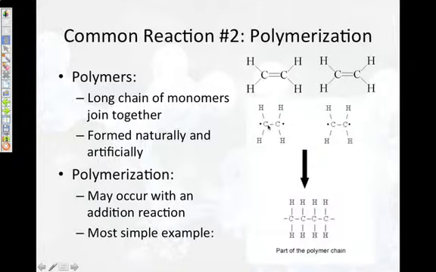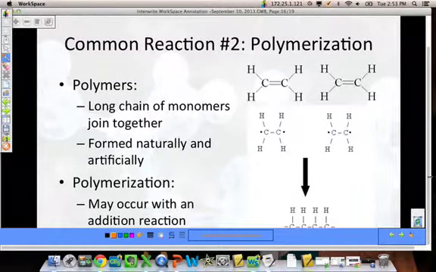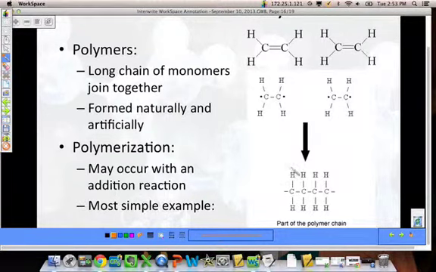I'm going to get some C2H4 radicals. They want to bond with something, and since I've got them in a big jug together, they're going to bond with one another, and I get this part of a polymer chain. Now, quite often, we're going to draw this out.